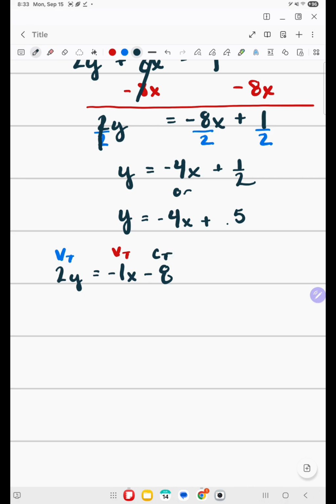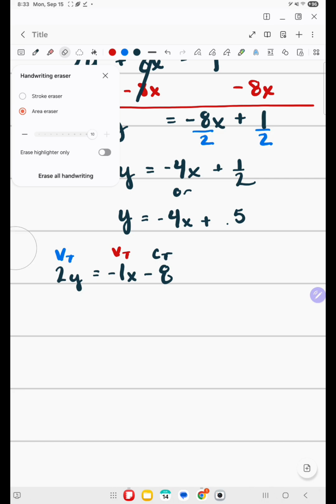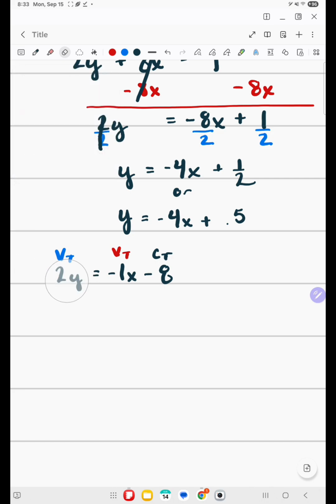Now, our goal is to get y by itself. Well, we've got some good news. The variable term for that y is already by itself, so we don't have to move another variable term. The only thing we have to move is the coefficient, that 2. So let's divide everything by 2.